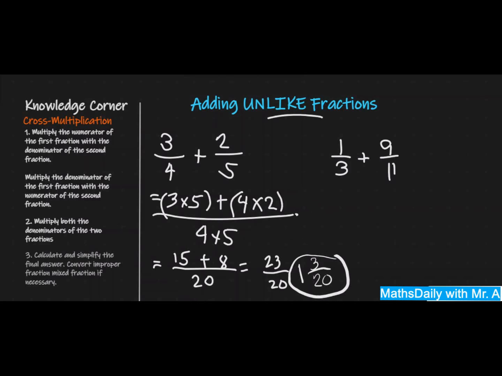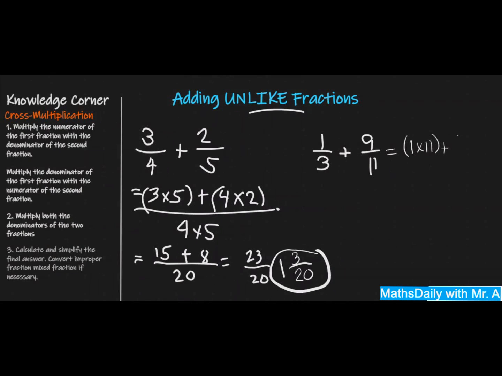1/3 plus 9/11. Following the steps, multiply 1 by 11. So 1 times 11 plus 9 times 3, over multiply both the denominators, 3 times 11.